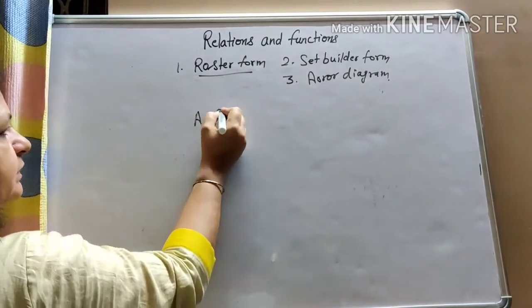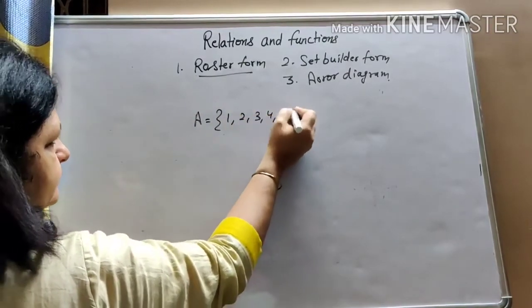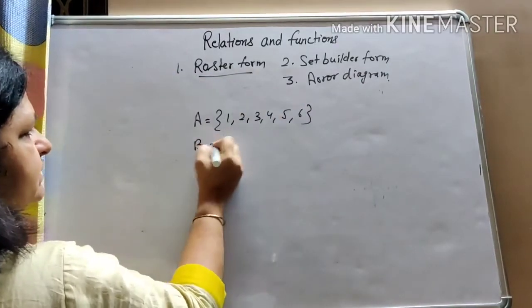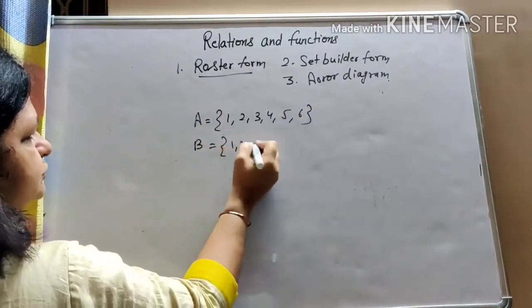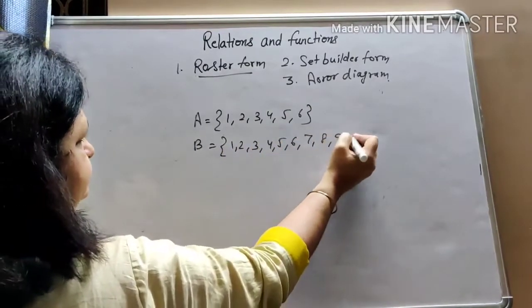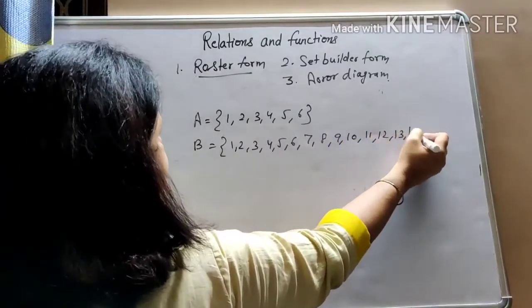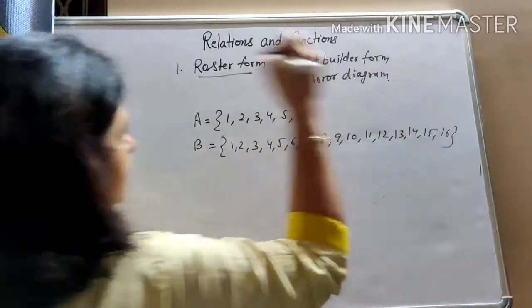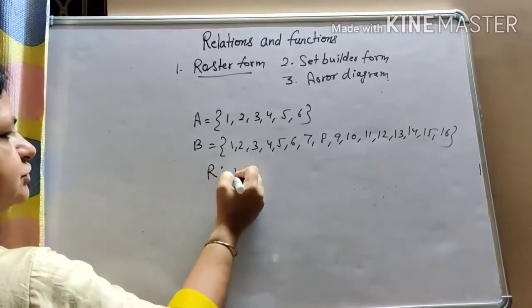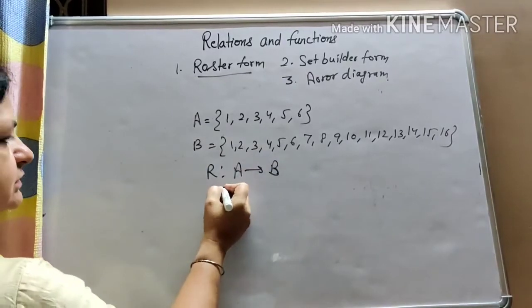Let's take one example. If A is 1, 2, 3 and set B is 1, 2, 3, 4, 5, 6. And relation is from A to B. And what is the relation?